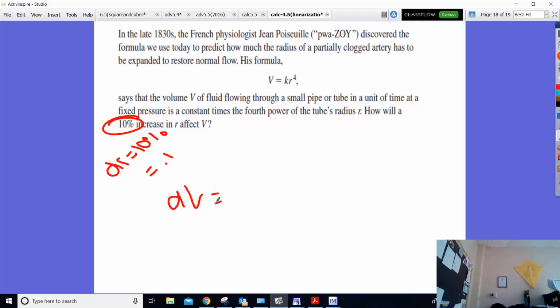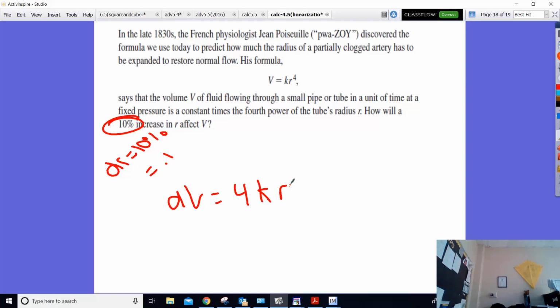Now dV would be the derivative of this thing. K is a constant, okay? So it's like the number 3 out front. Where's the 4 go? Pretend K is a 3. Where's the 4 go? Out front, right? Still goes out front. 4K r, what happens to the power?